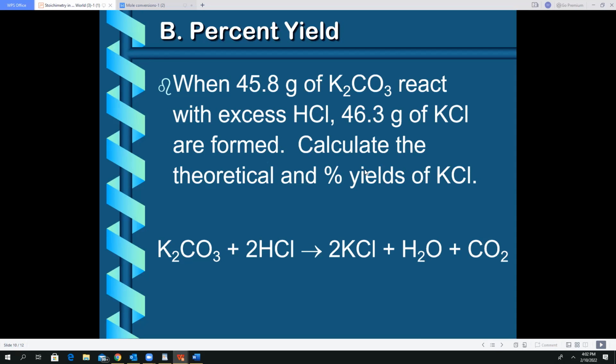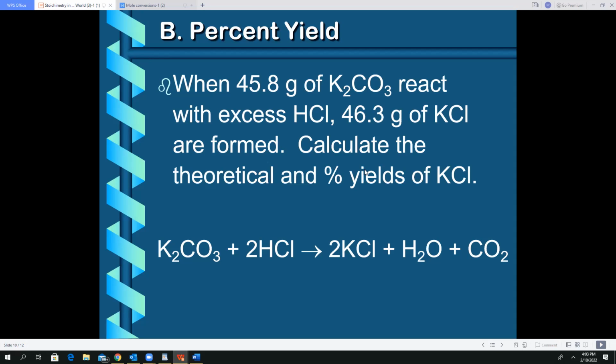All right, so first thing to do is to identify the two things that they're asking. Okay, so you know that you have 45.8 grams of potassium carbonate, right? And that you actually made from that 46.3 grams of potassium chloride.